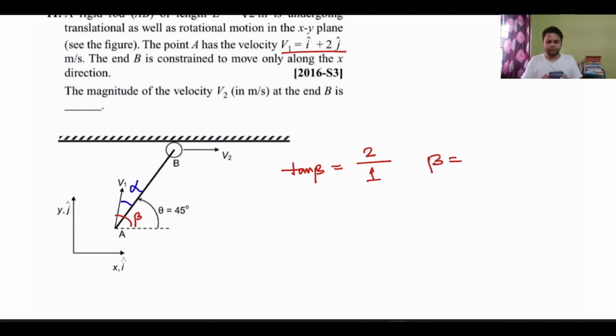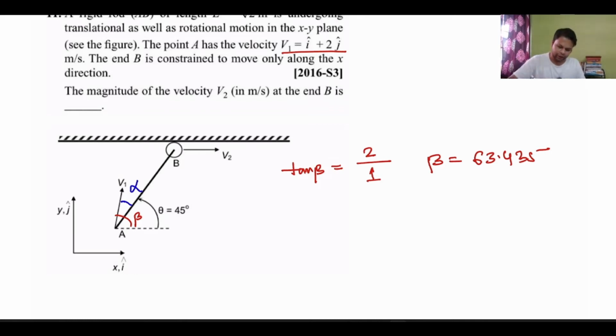Tan inverse 2 is equal to 63.435. Since this is a numerical answer type question, I will prefer to take three places after the decimal.